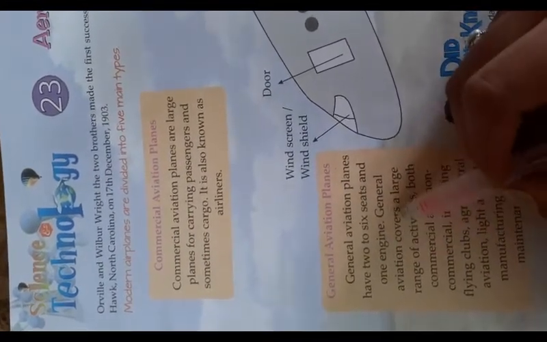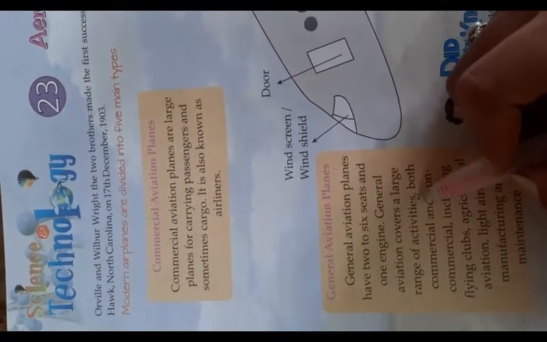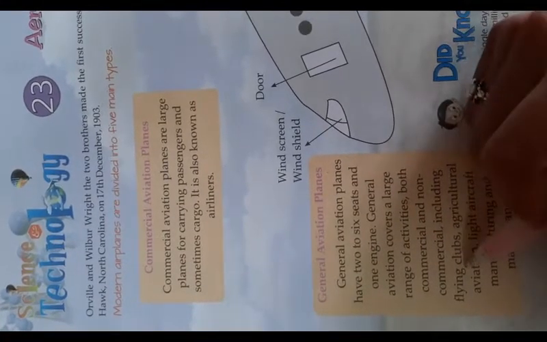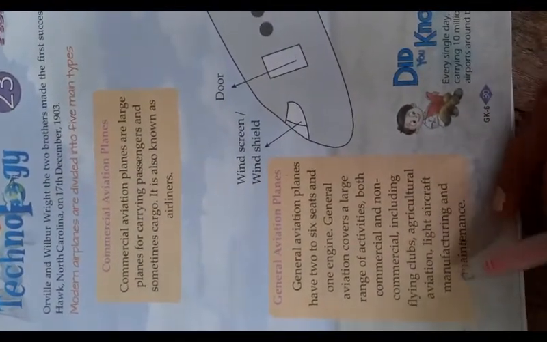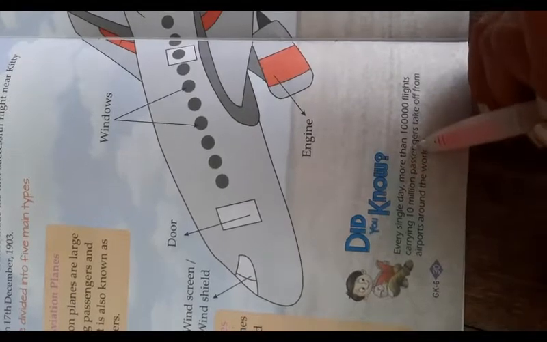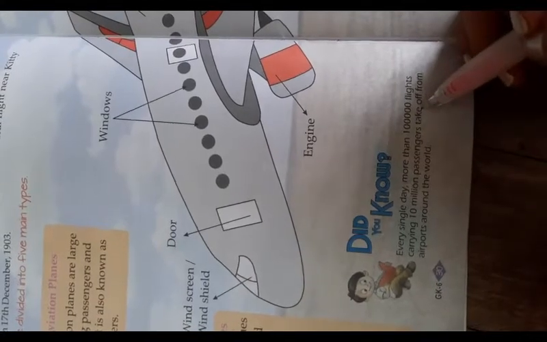General aviation covers a large range of activities, both commercial and non-commercial, including flying clubs, agriculture, aviation, light aircraft manufacturing and maintenance. Did you know every single day more than 1 crore flights carrying 10 million passengers take off from airports around the world.